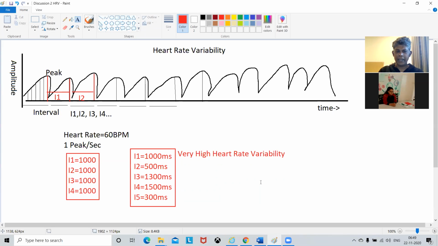It is trying very hard. This is an extreme amount of autonomic stress. So the very high heart rate variability suggests that there is an extreme amount of autonomic stress.